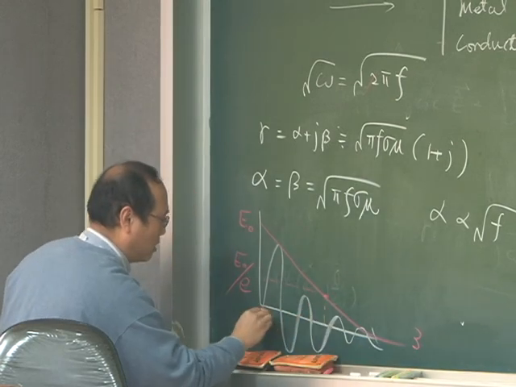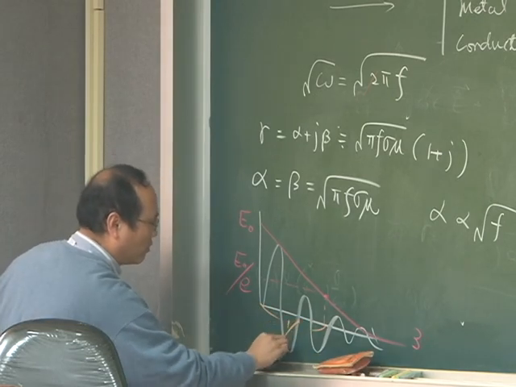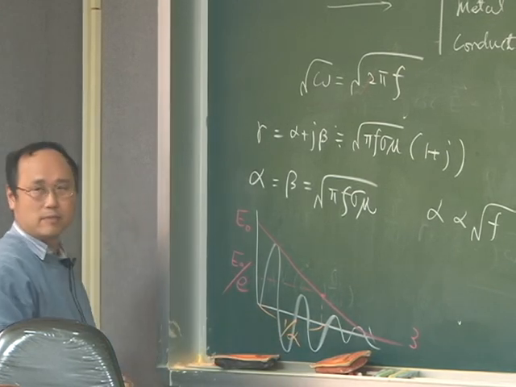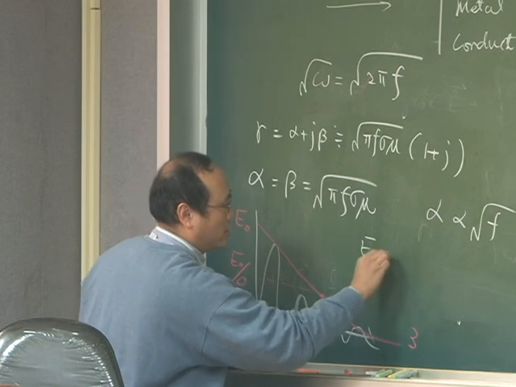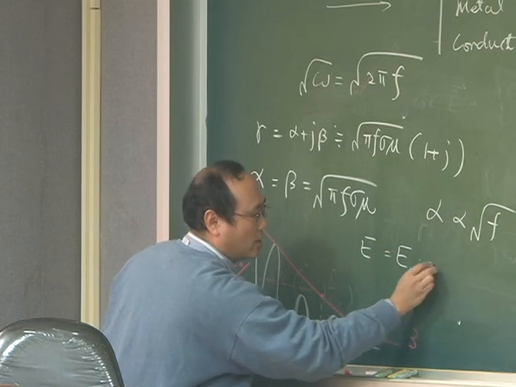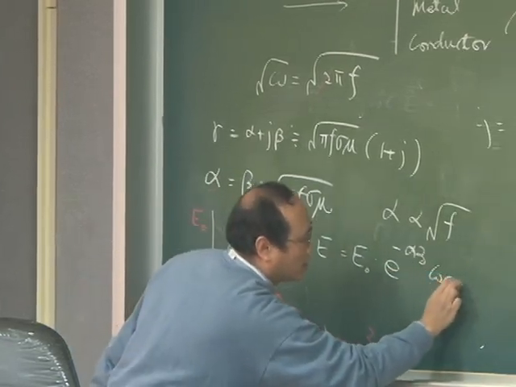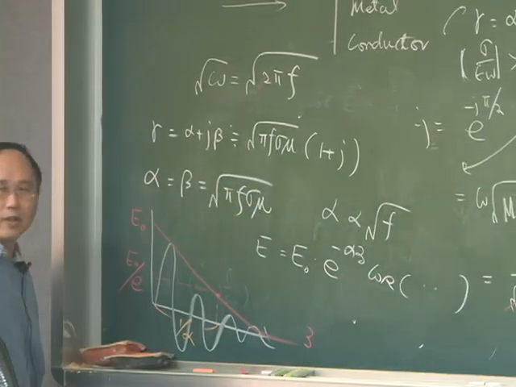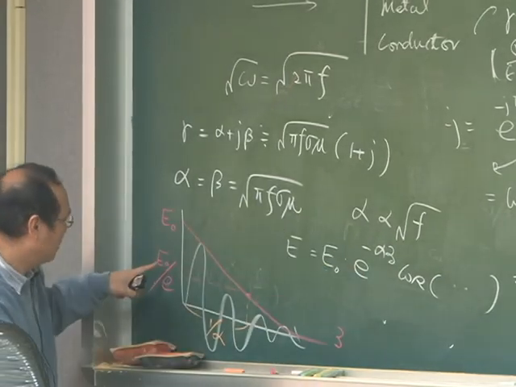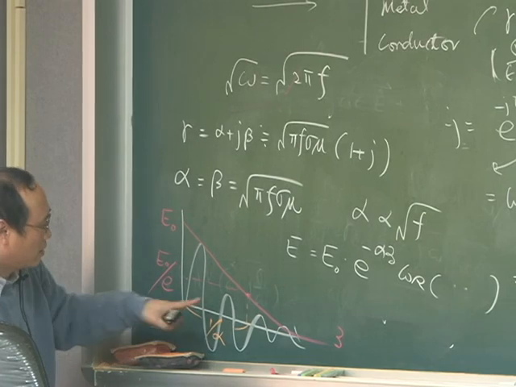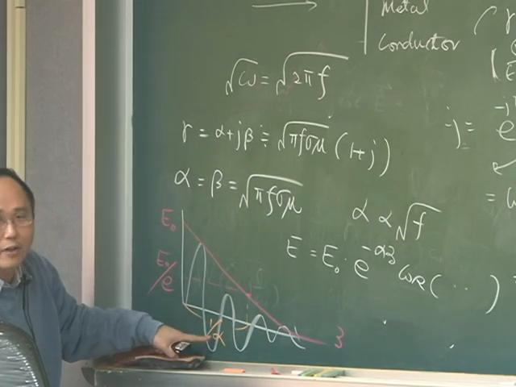The distance from here to here is going to be equal to 1 over alpha, because your electric field is equal to E0 multiplied with exponential minus alpha z, and then cosine something, right? So for the total amplitude to drop to 1 over e, the corresponding distance is 1 over alpha.